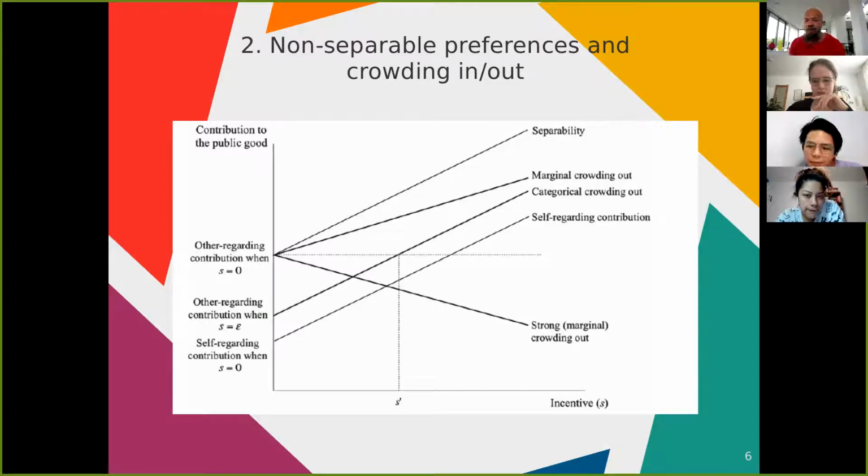Well, the marginal crowding out is a very weak crowding out. It means actually that the preferences are not very separable. That means that actually, in some cases, you may still have a positive impact for setting a fine for people being 10 minutes late or 5 minutes late. There is a weakened effect because, in fact, people are insulted.